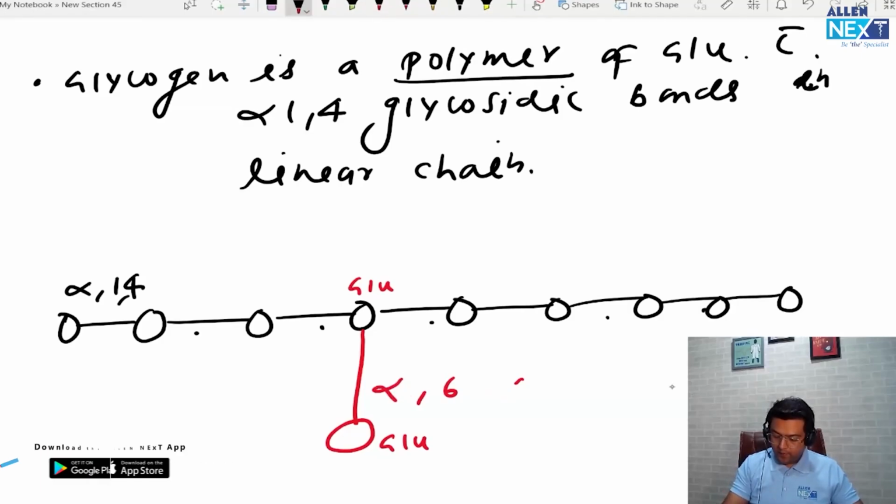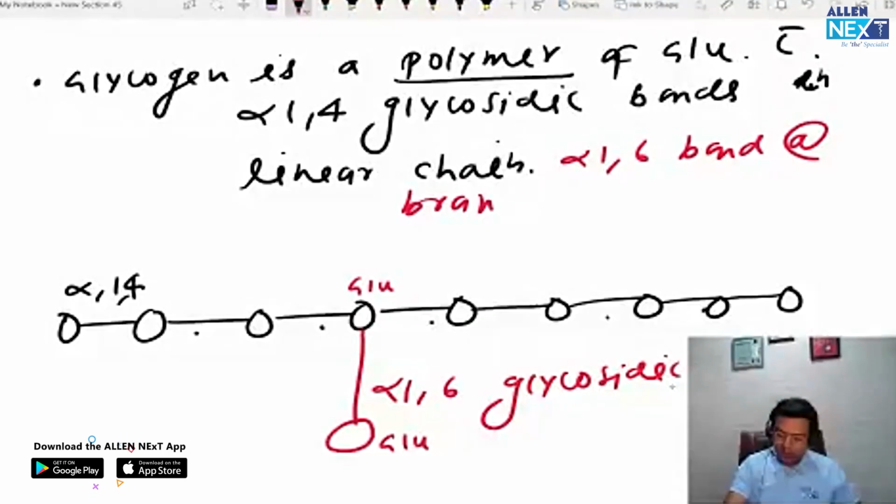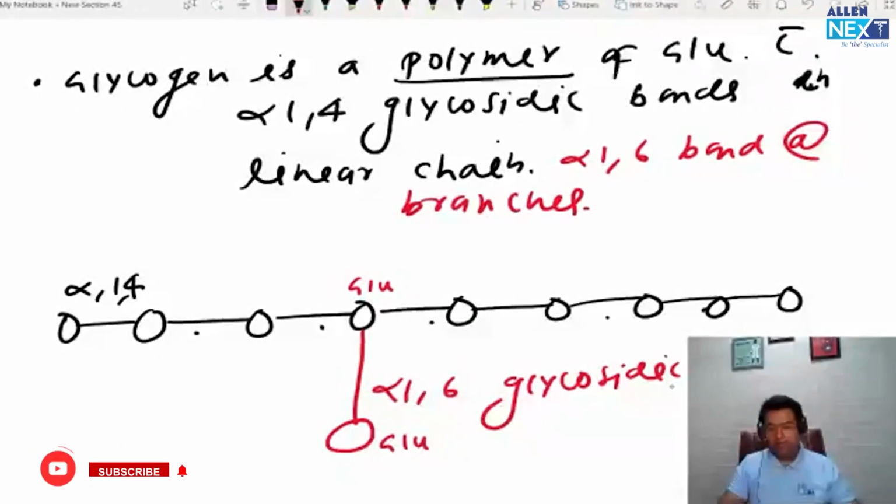Alpha 1,6 glycosidic bond. It is fine. So guys, we can write alpha 1,6 bond at the branches.